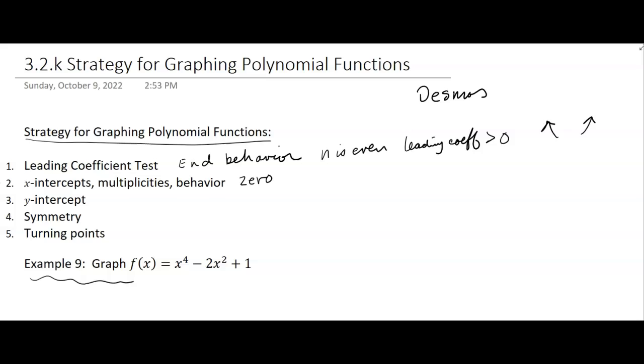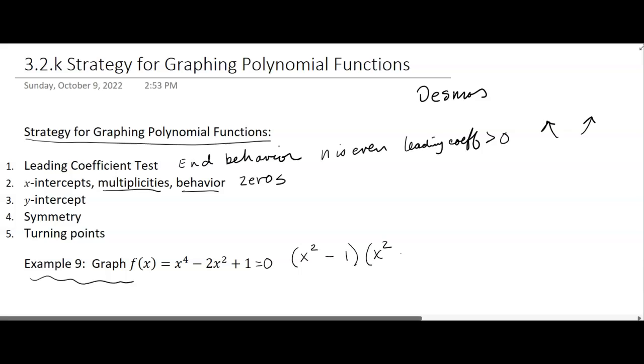The next thing is to find the x-intercepts or the zeros. Find those zeros. You want to do their multiplicities and their behavior. Okay, so for this example, I would have to factor it. I'm setting it equal to 0 to find the zeros, and I get x squared minus 1 times x squared minus 1. You can just trust me on the factoring there, or think about it for a minute.